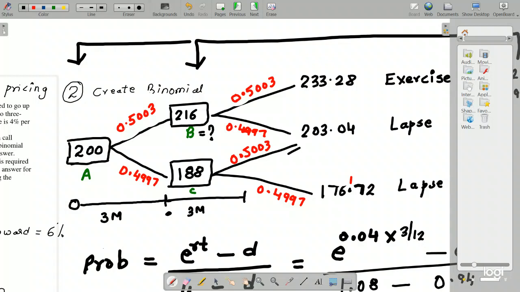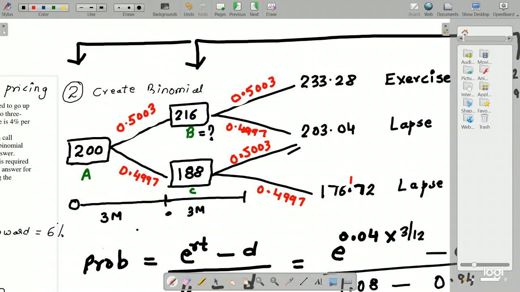Now again, what next? I need to know how much is the value of this contract having all of these features as we were just discussing. So I need the value at node A, right?